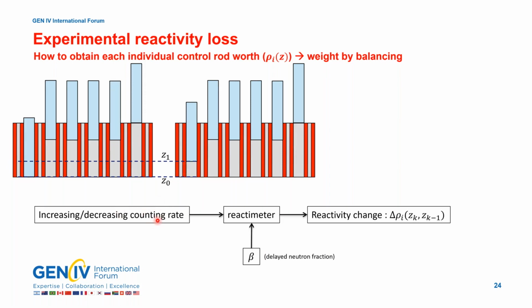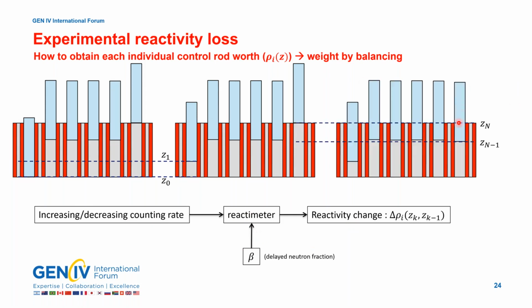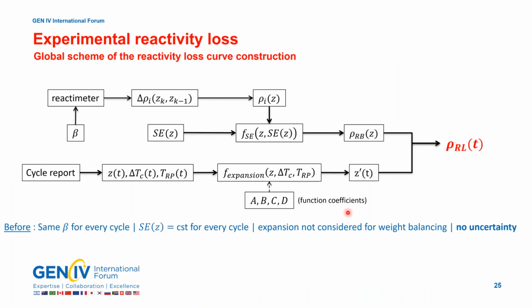And from this increasing counting rate, we can, with a reactimeter based on input data, obtain the reactivity change induced by this extraction. By doing that for each control rod, we can obtain the reactivity change for each part of each control rod and rebuild the individual control rod worth.